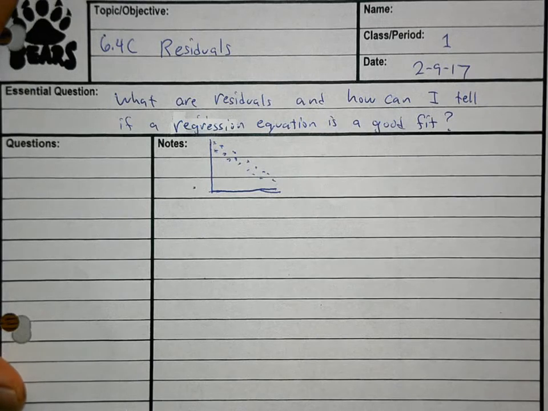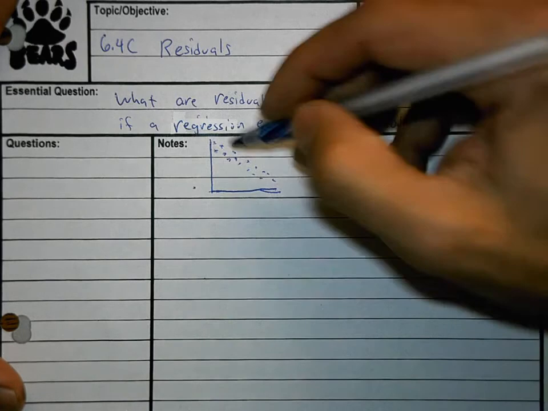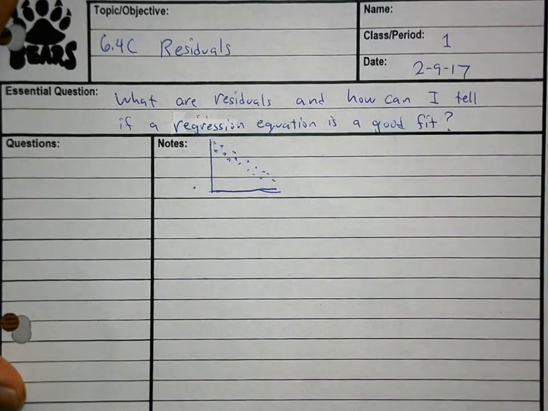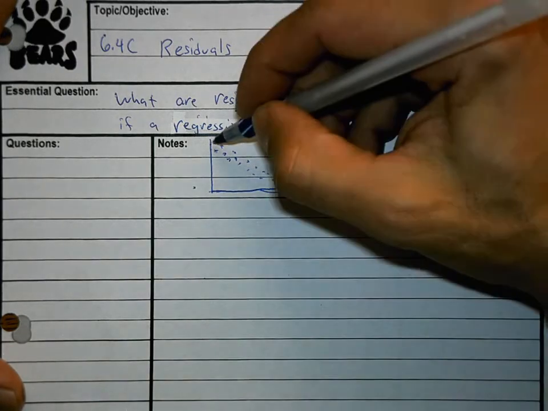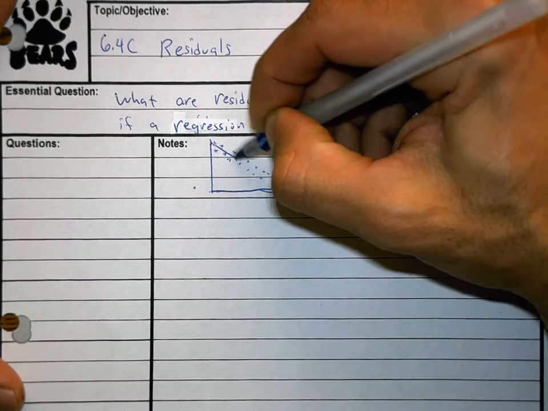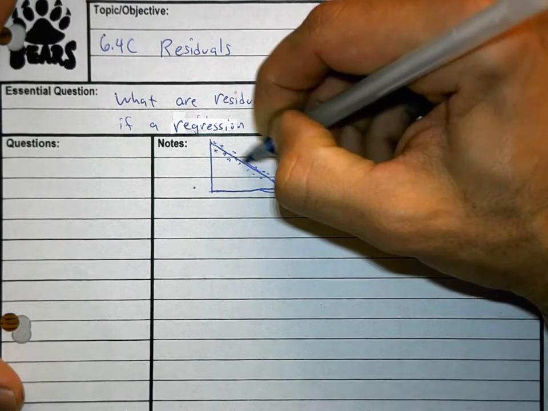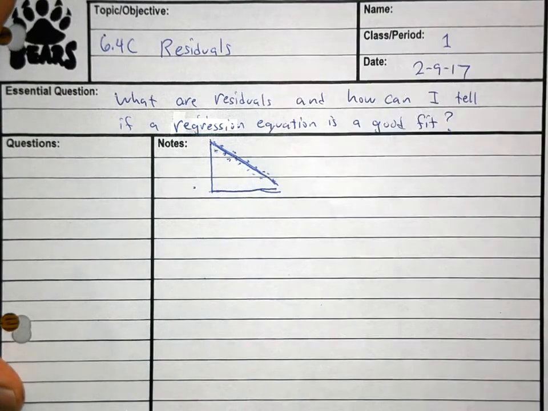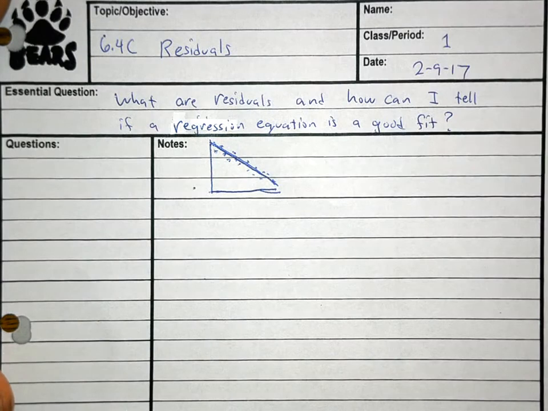So what we learned last time was how to find a line that best goes through almost all the points equally. For example, what we did in 6.4b was we figured out how to mathematically figure out this line of best fit.